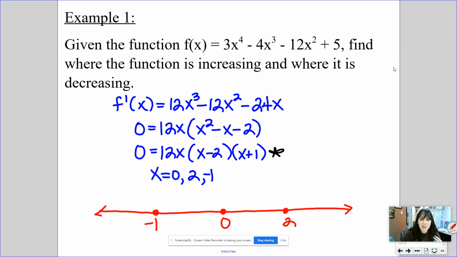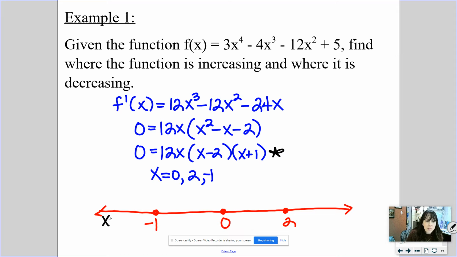Here we go. What we're going to do is draw a number line. It doesn't have to be evenly spaced or anything fancy, but you put your critical numbers on the number line, and you determine what's going on to the left and to the right of each of those critical numbers.